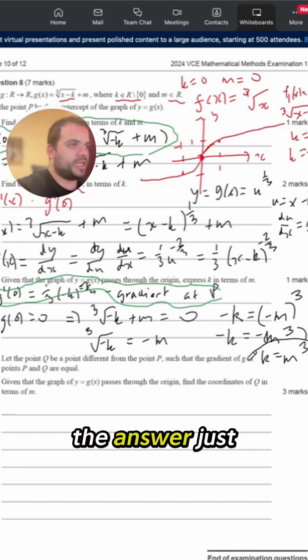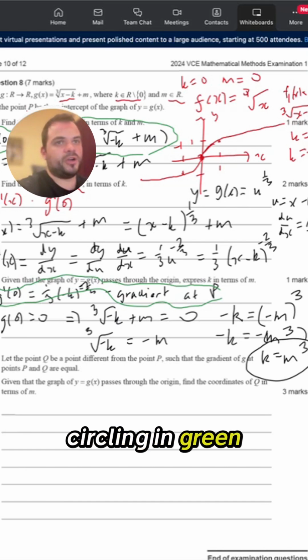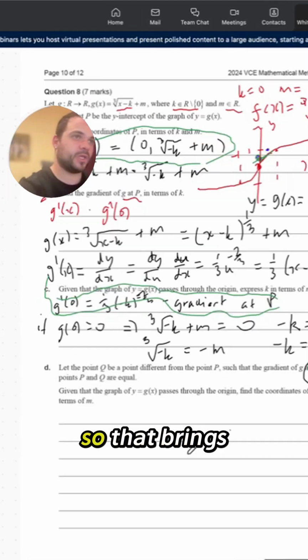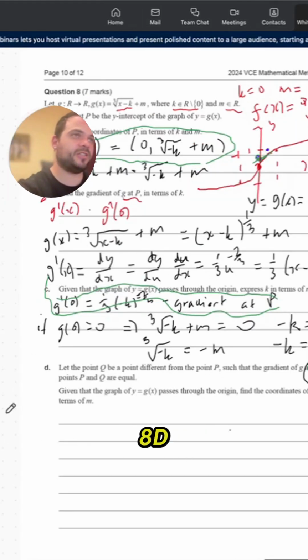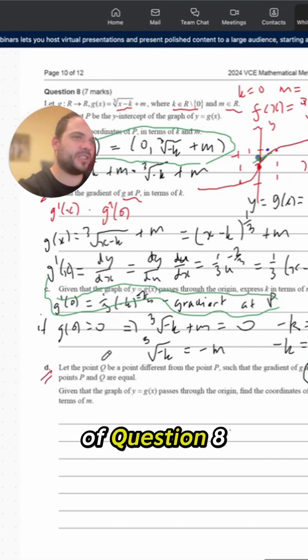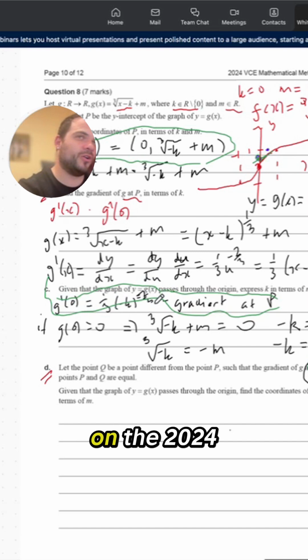So this is the answer, circled in green, for part C. That brings us to question 8D, the final part of question 8, and the final part of the final question on the 2024 Methods Exam 1 paper.